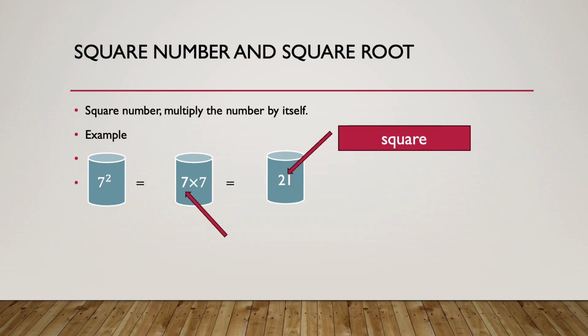So if it is a square, what does square root mean? Root, okay, this is out of the lesson, I'm just telling you the story so you can remember. When we hear root, what is the first thing that comes to our mind?